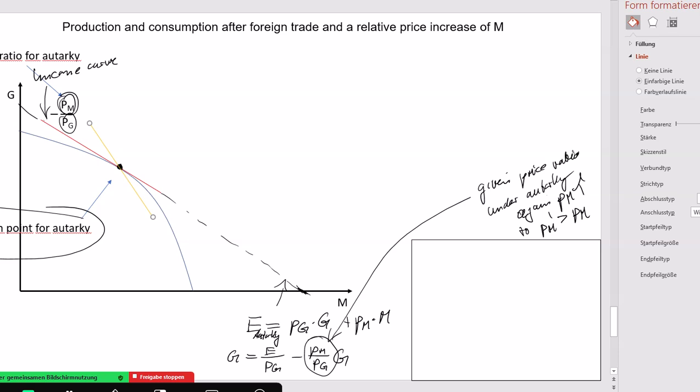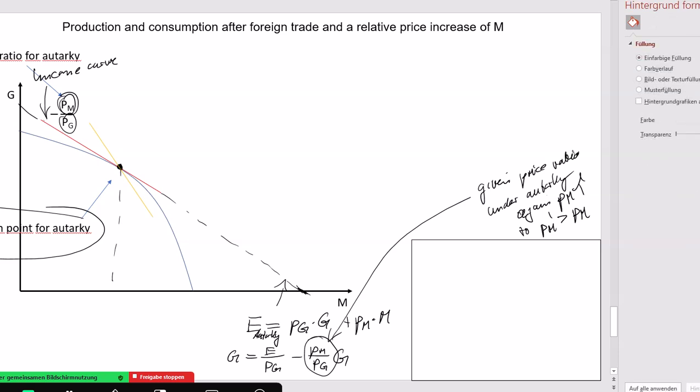For G, and what is with M? So this is the optimal amount of M under autarky, and this is the optimal amount of G under autarky. Only for G?